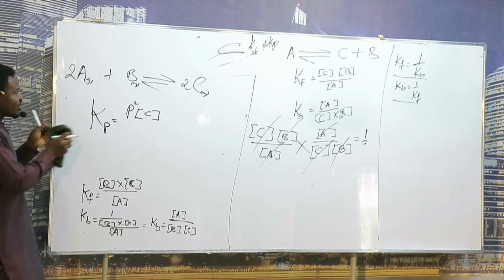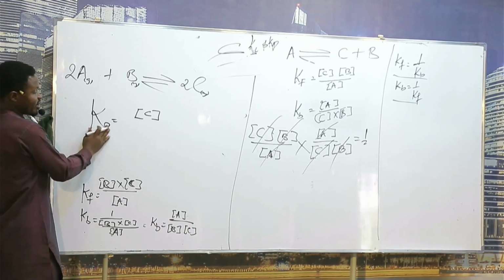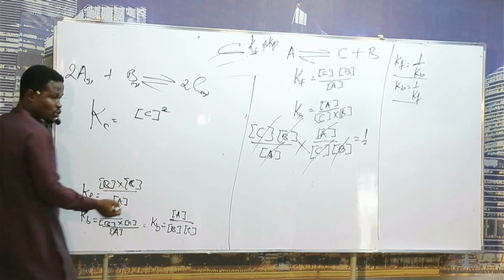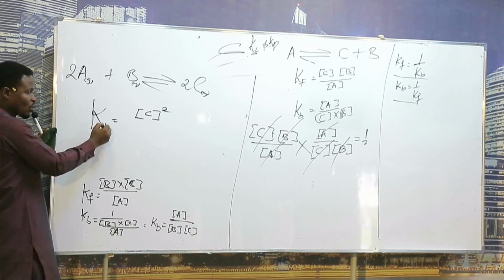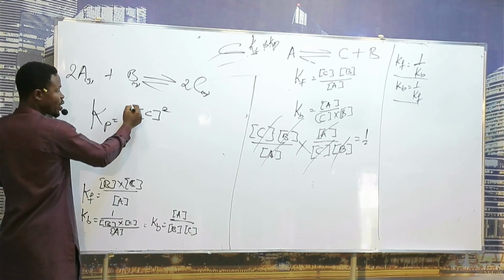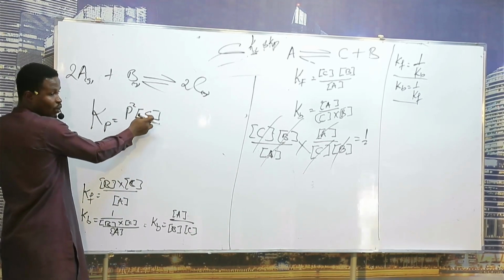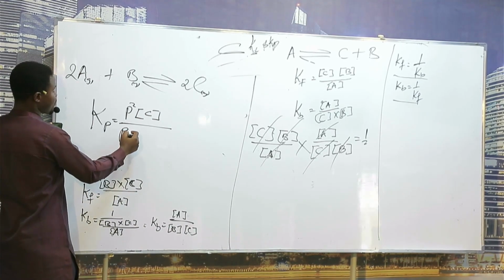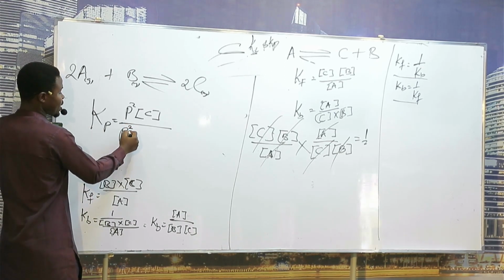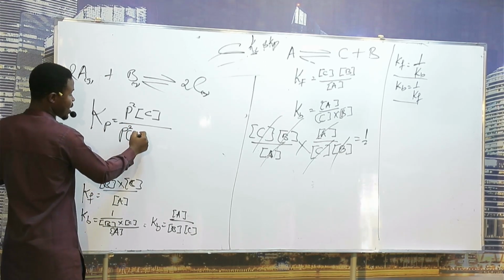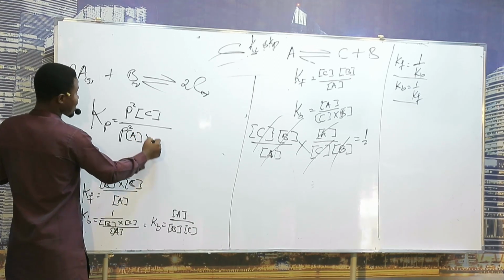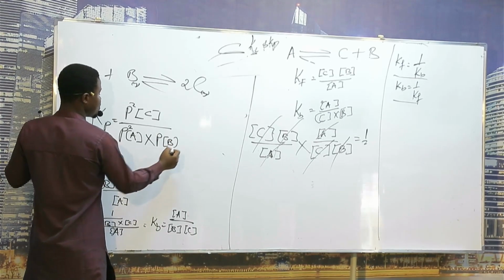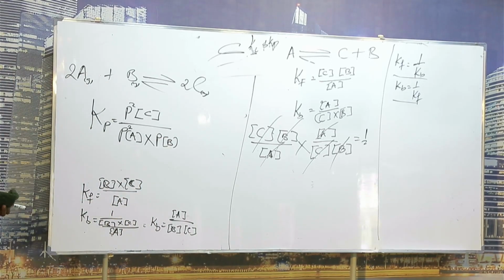Now in the other one, if in terms of KC, it will be KC equals C raised to power 2. In terms of partial pressure, it is going to be partial pressure of C squared, over partial pressure of A times partial pressure of B. Full stop.